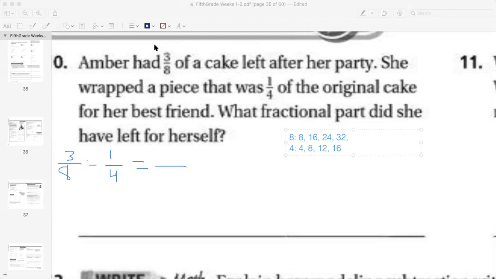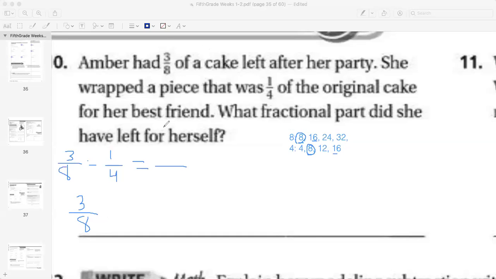So if I look at this, I think some of you might notice they both have 16 in common and they have 8 in common. But remember, we're always looking for the smallest. So 8 would be smallest here.